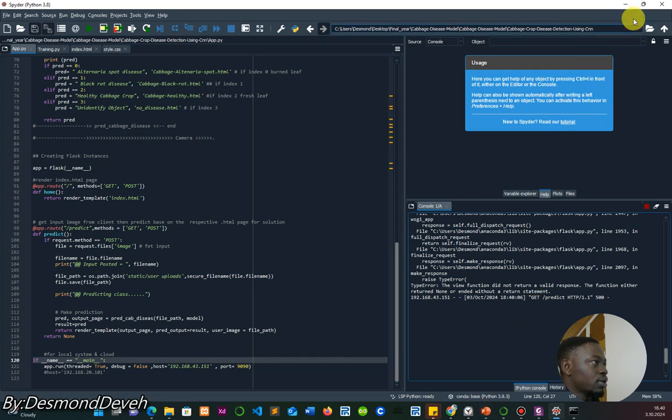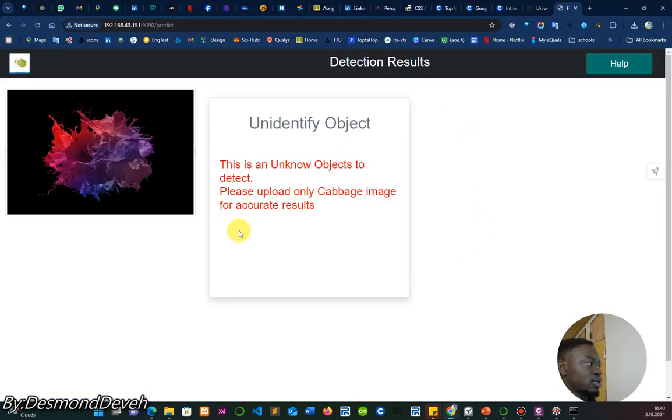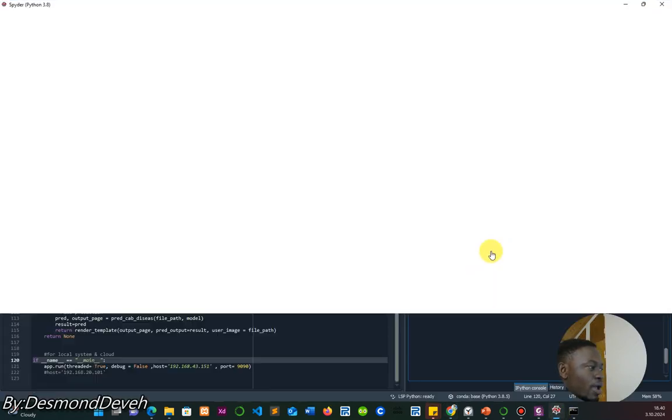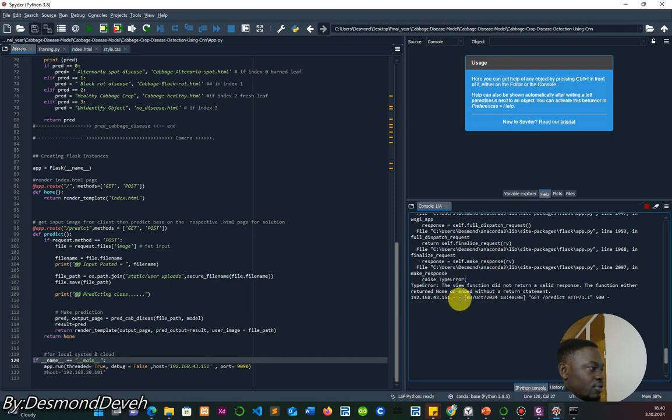Okay, so whatever happened on the interface, I see it. You can see that it returns an unidentified object. This is an unknown object to detect. Okay, so I got the same thing on the console. Now it has returned none or ended without a return statement.